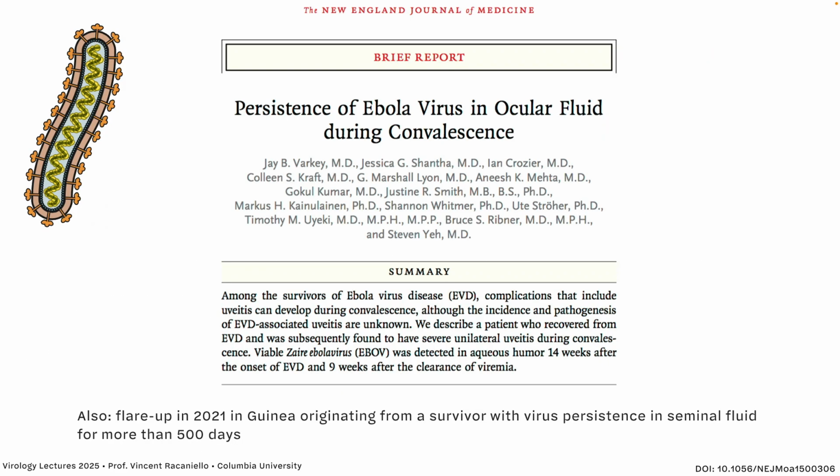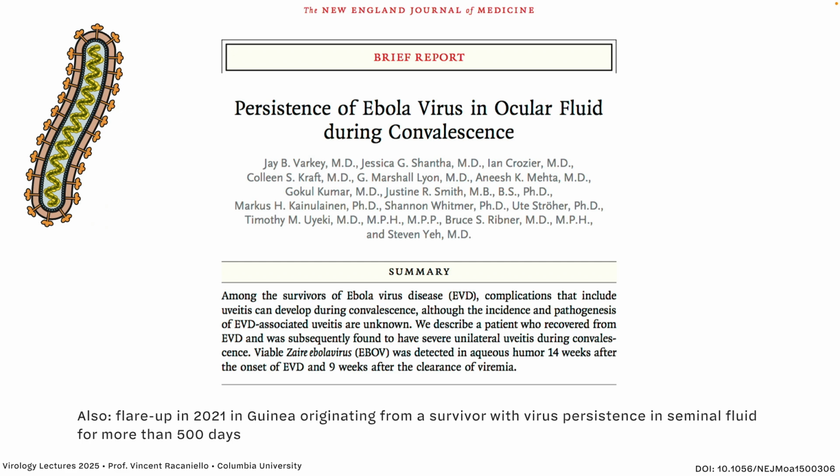And here's an example of one that was reported back. Well, in 2015, there was a huge Ebola virus outbreak in West Africa. And after it was all over, there was this one patient here, but there were others.